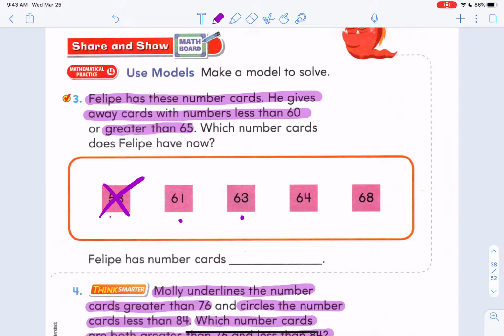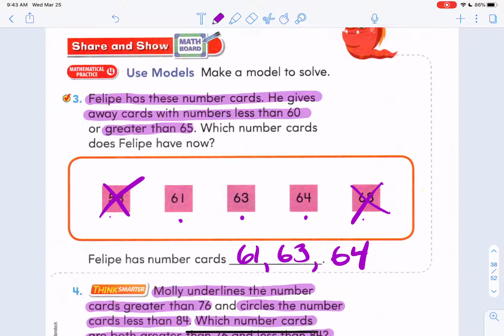No. Is 63 greater than 65? No. Is 64 greater than 65? No. But 68, that's greater than 65. So we cross that out. And it says, which number cards does Felipe have now? That would be 61, 63, and 64.